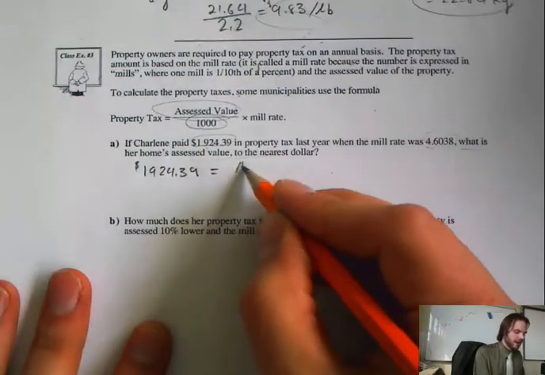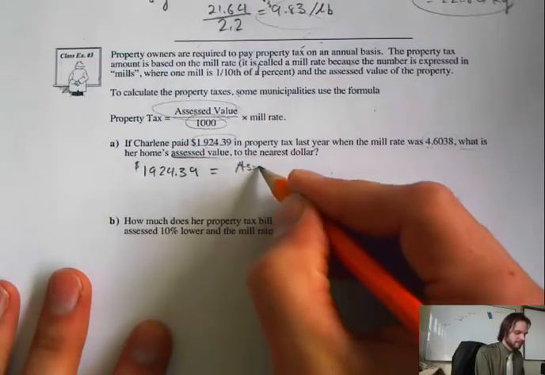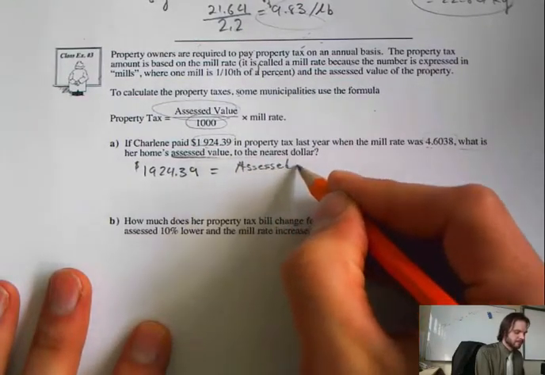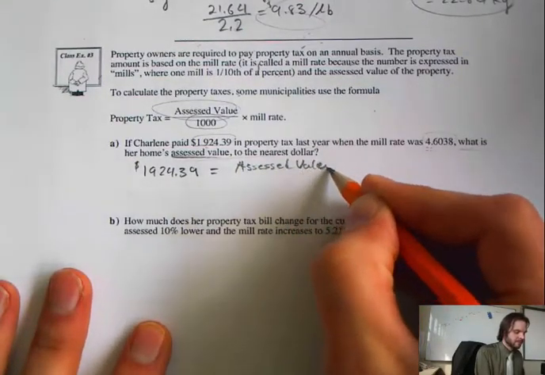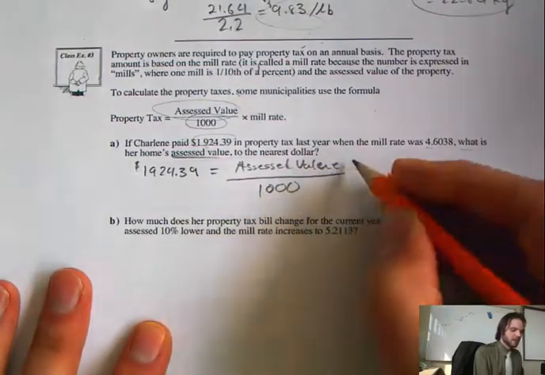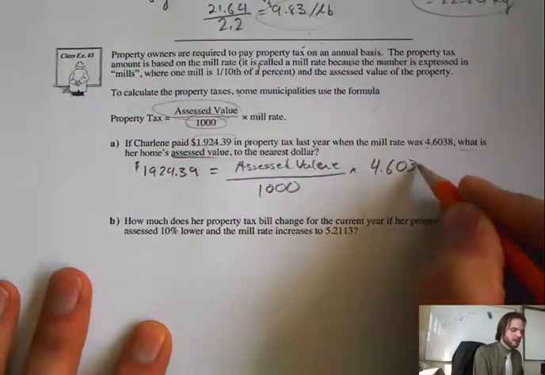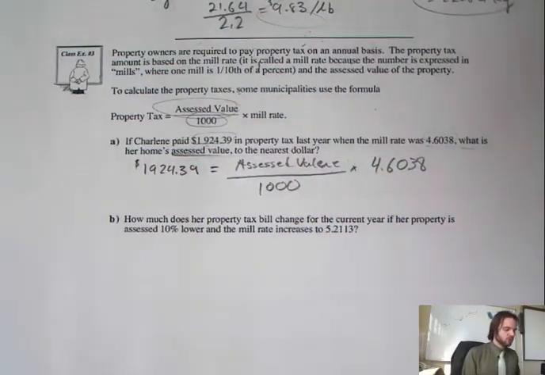And we want to know her assessed value. Is all over 1,000. And then we have to multiply that by my mill rate, which is 4.6038.